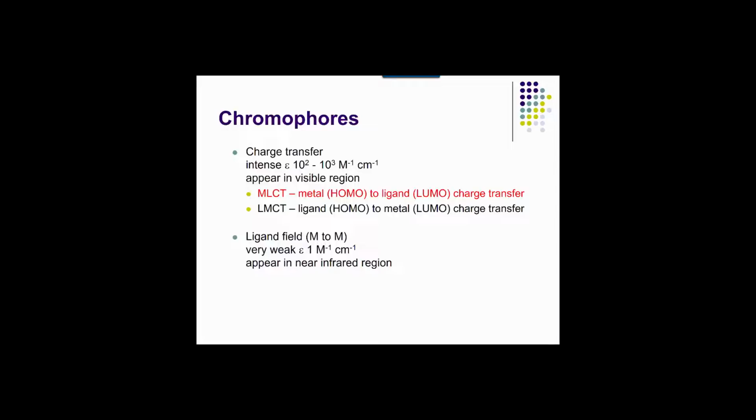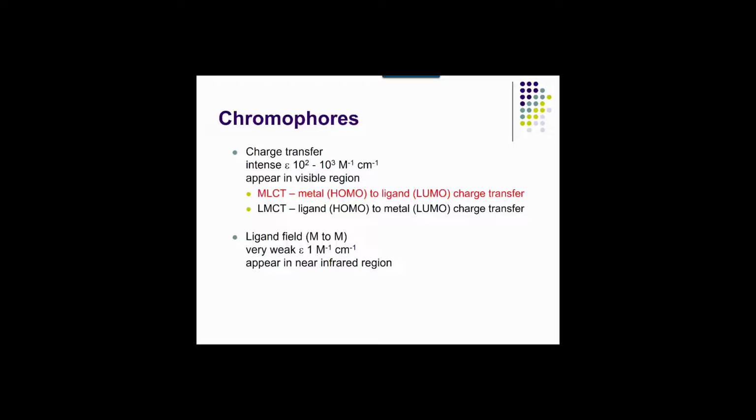In MLCT transitions, again, metal to ligand charge transfer transitions, the highest occupied molecular orbital, the HOMO, is an electronic orbital localized primarily on the central metal. Hence, it's M as the first characteristic in this transition.